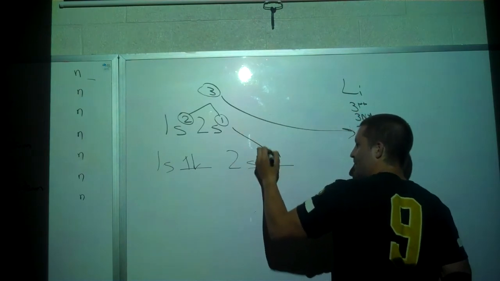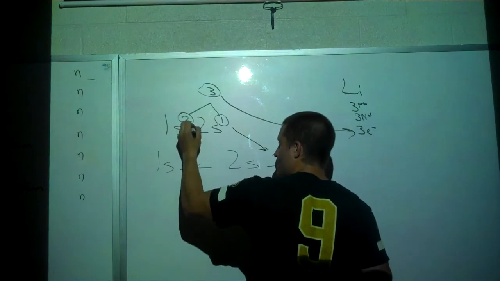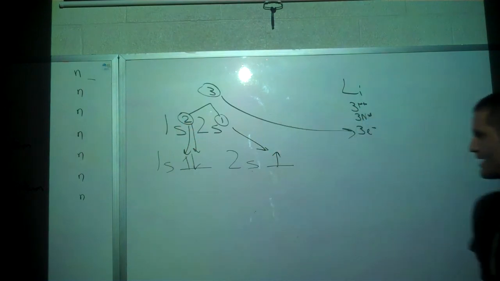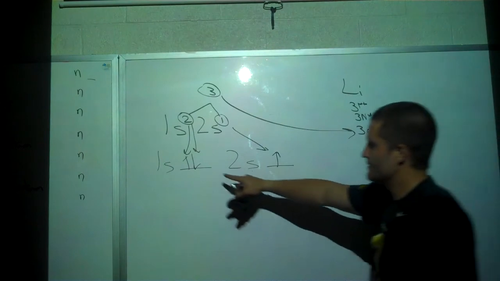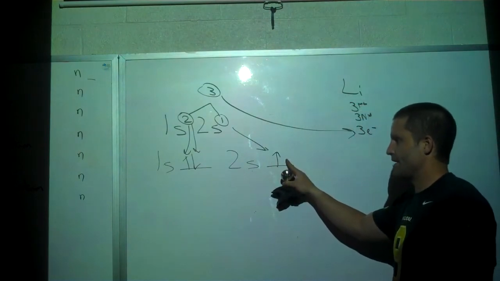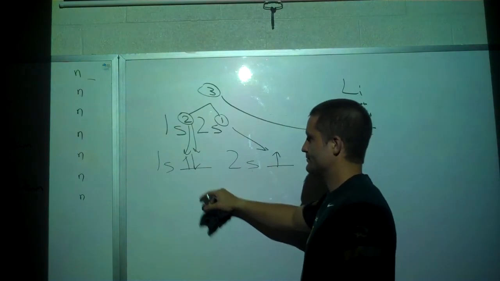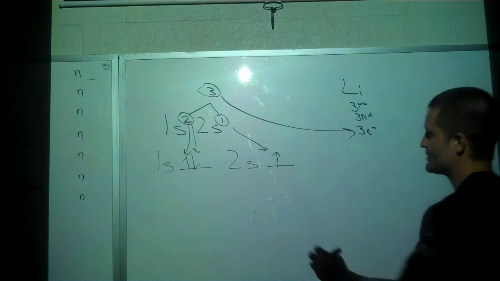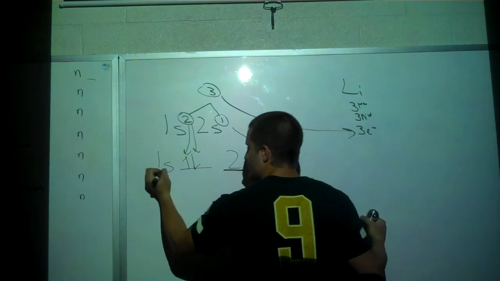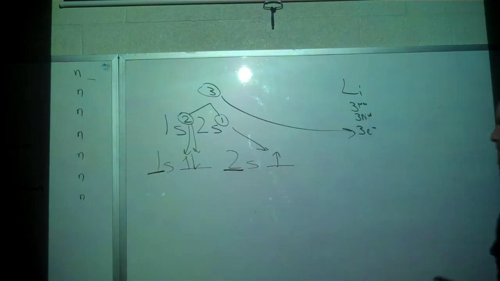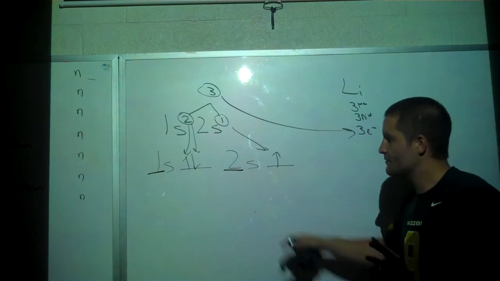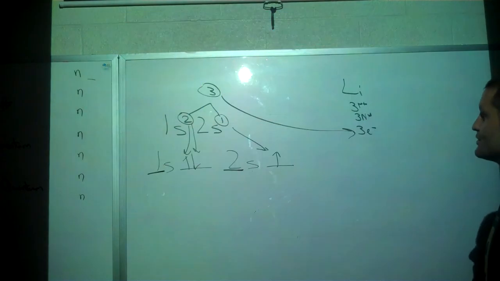Remember, this is my spin, so this is just going to have 1 electron in it, and this is going to have 2 electrons in it. This would be the energy level, the N, principal quantum number. Remember, these are both spheres though, right?